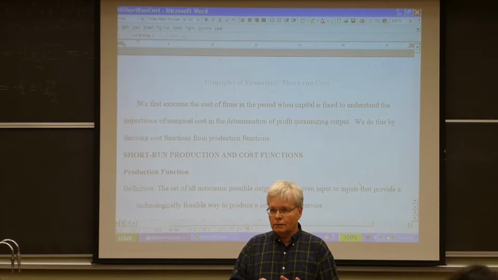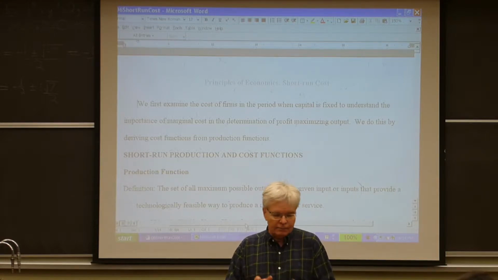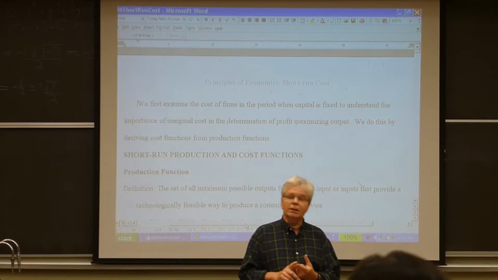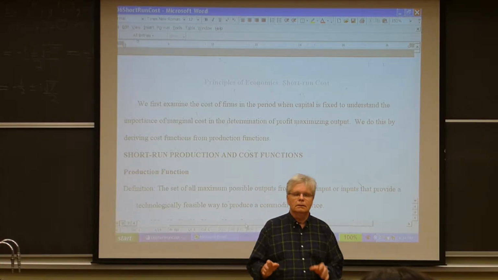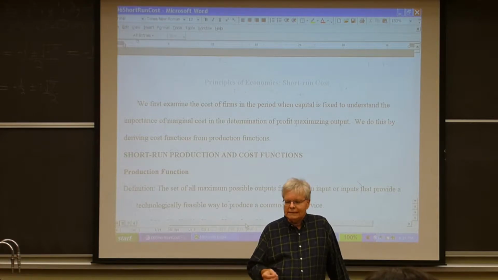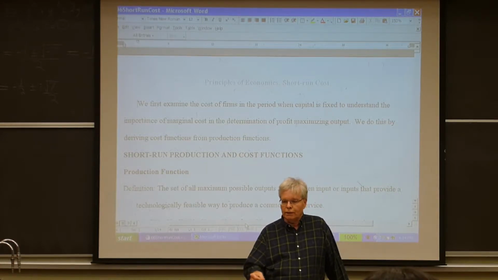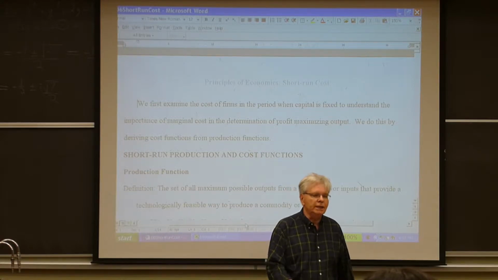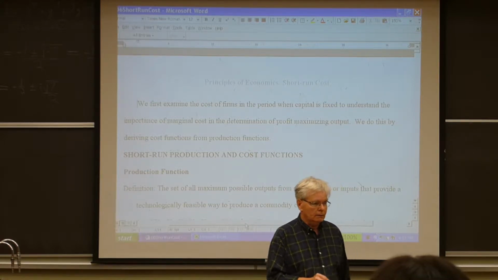A short run is when capital is fixed, and by capital we mean machinery and buildings, which are completely fixed. But you can change all those things that are necessary to produce one more unit: labor, raw materials, fuel. But you can't change the machine, you can't change the building. Right?